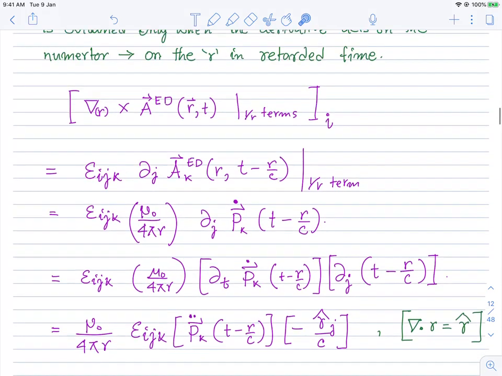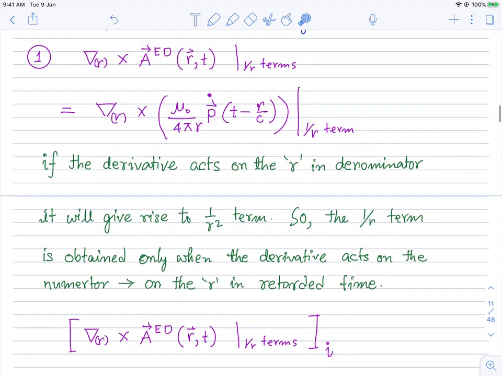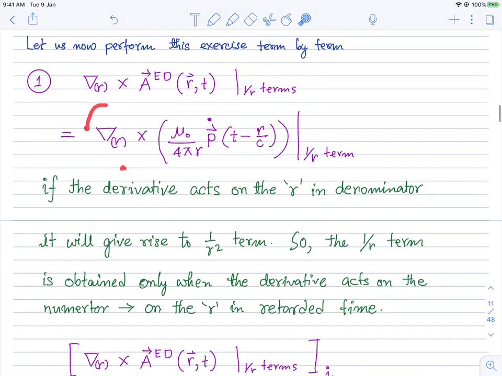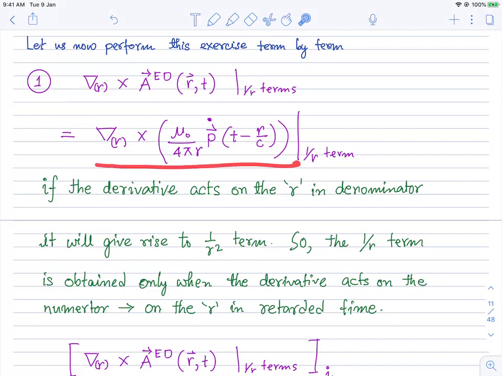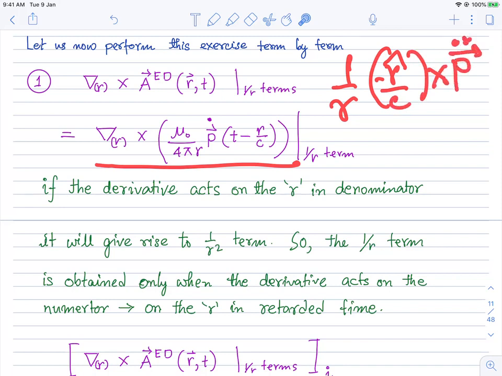So the idea is, whenever we have to take this derivative, you can replace it with a minus r hat by c and take the cross. So here, in this curl, of course there's a 1 over r, then there'll be an r hat minus r hat by c cross p, which now has a double dot.